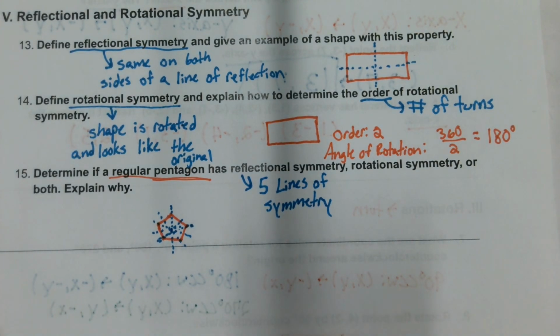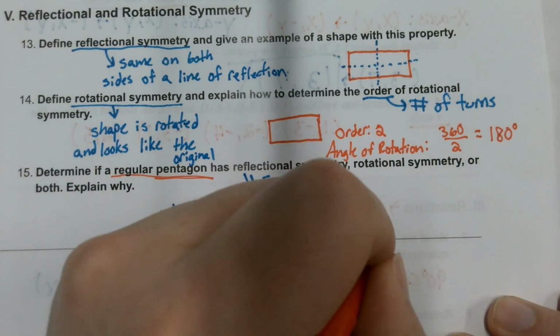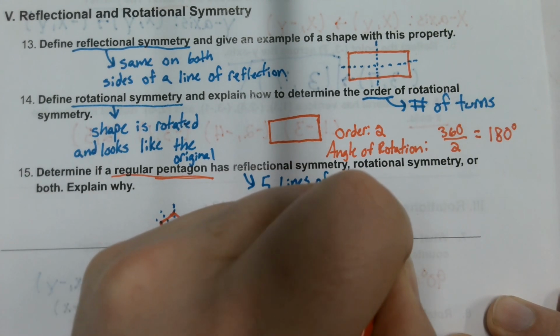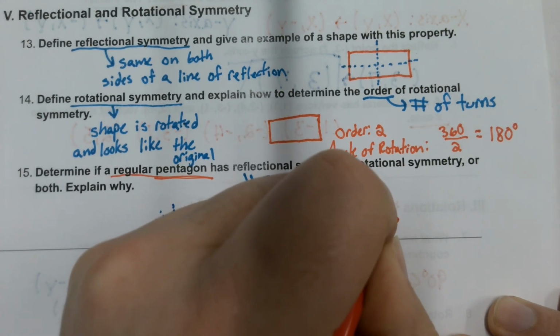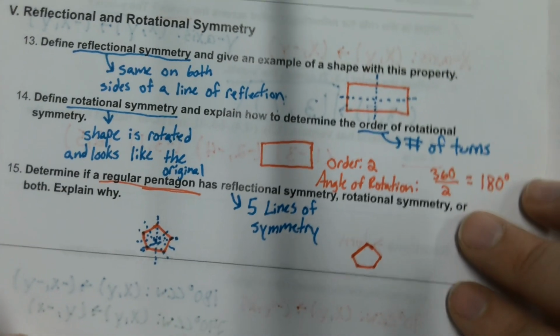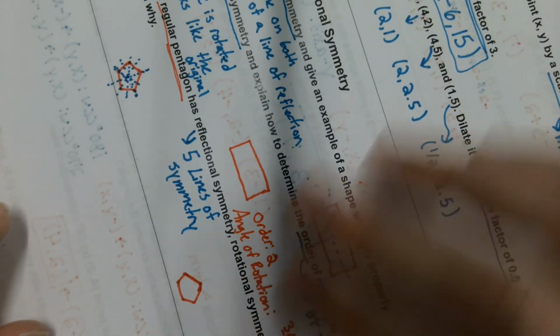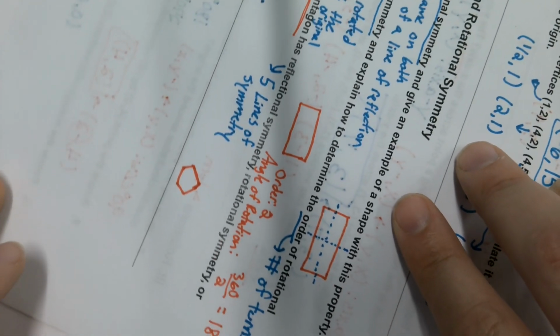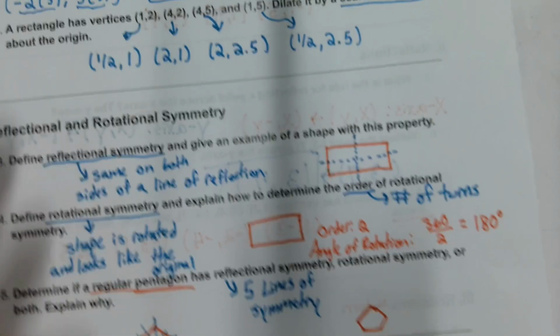Rotational symmetry, well, if all my lines weren't there, I'm going to draw another little pentagon so we can see it a little better. Oh, man, not the best. But again, if I rotate that, if every side was the same exact length, that's supposed to make it look like the same thing. No, that's not the best image. But as I rotate this pentagon, it would look the same.